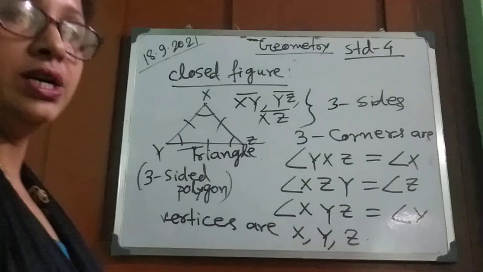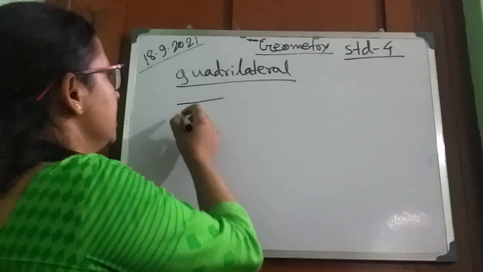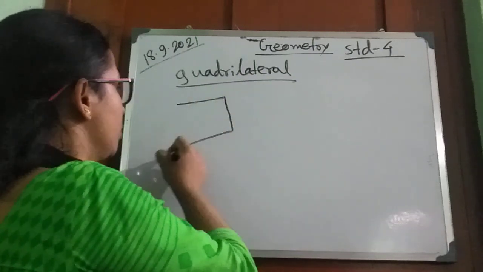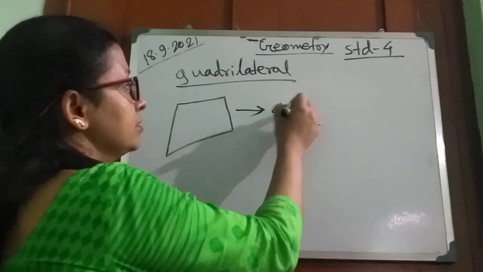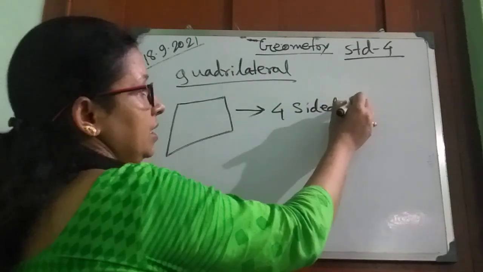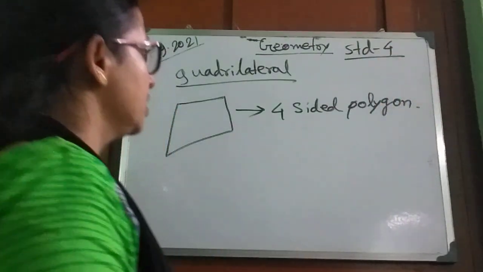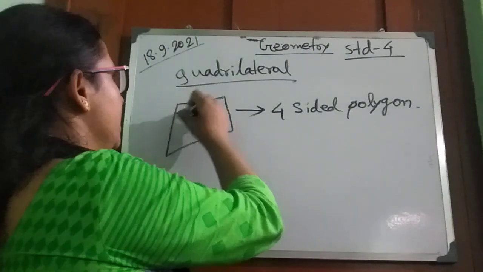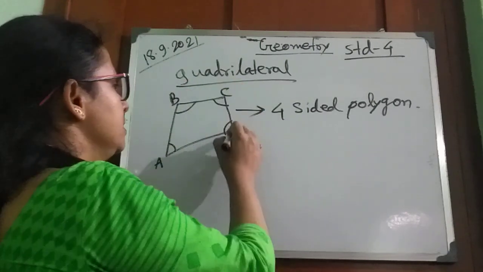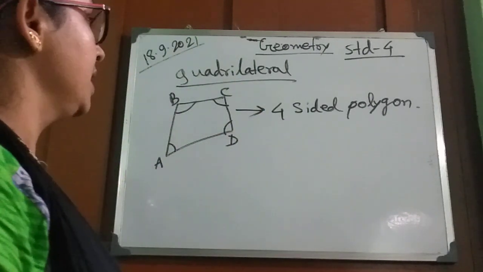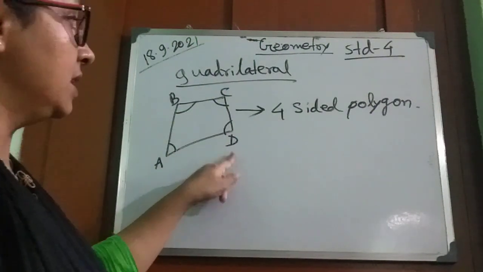Now I will say about quadrilateral. See. Now, quadrilateral. This is one quadrilateral. A quadrilateral is a four-sided polygon. So a four-sided polygon has four corners also. If you give the names A, B, C, D, obviously when you give the name of the figure, you have to maintain the order of the letters.